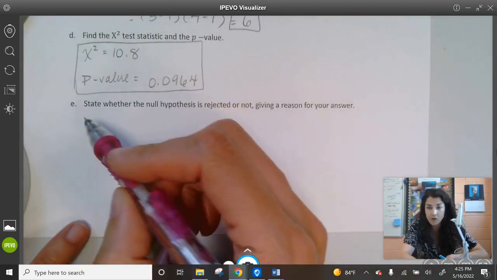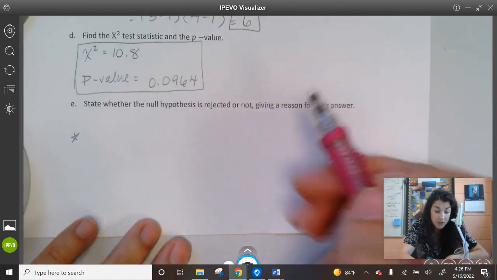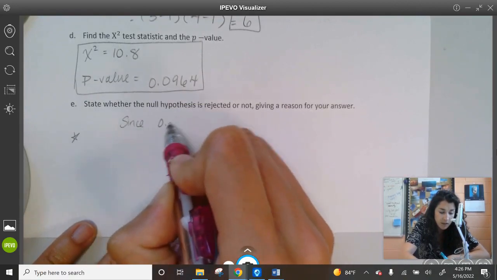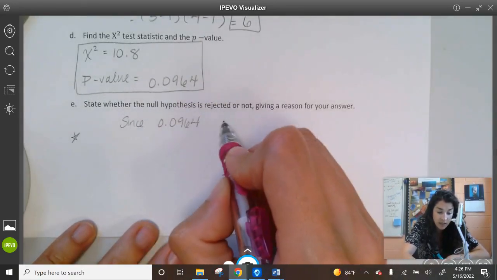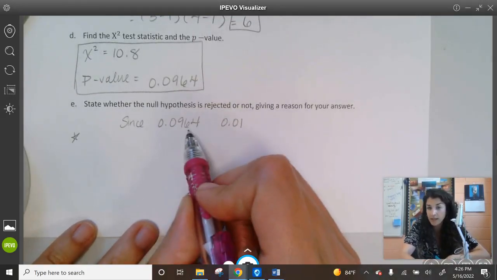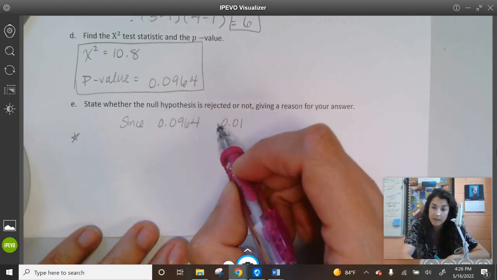So go ahead and draw a conclusion for this test. I'm going to use the p-value, and the p-value is 0.0964, and our significance level is 1%. Now, if you have a hard time comparing numbers that look like that, remember that if you just match the number of decimal places, it's a little bit easier to see.